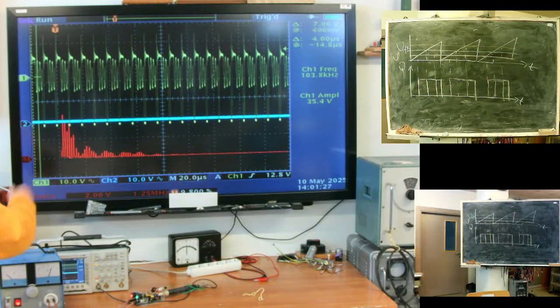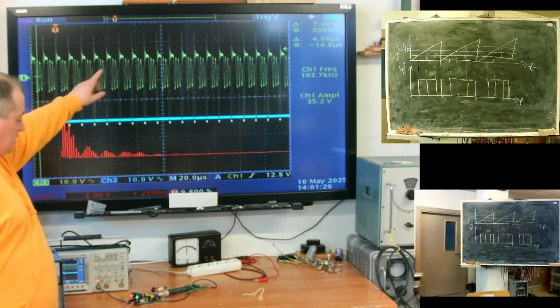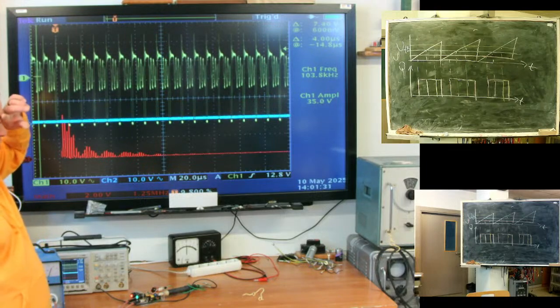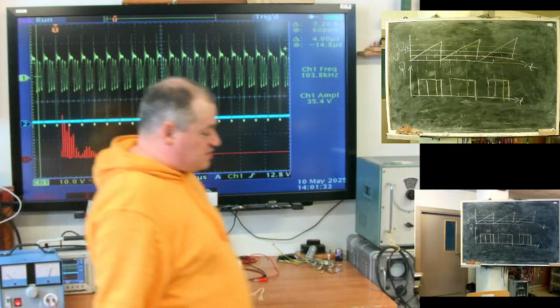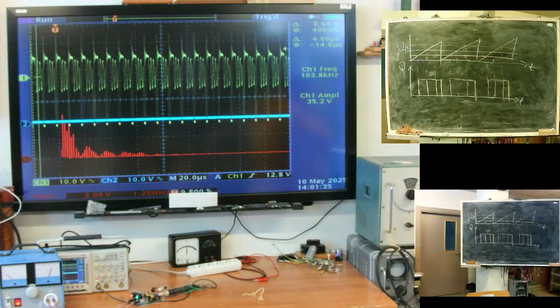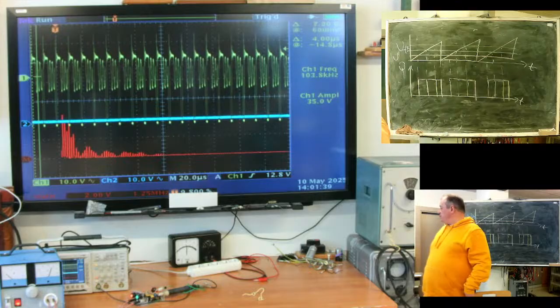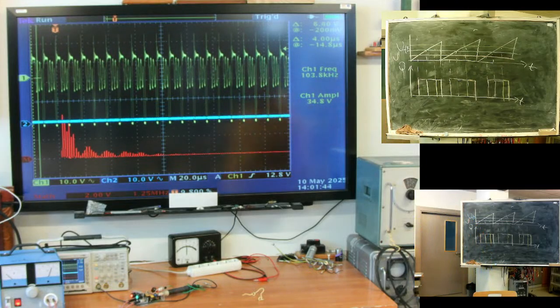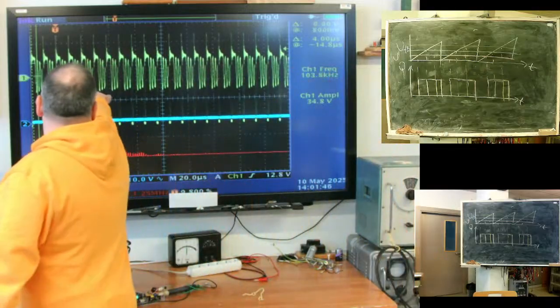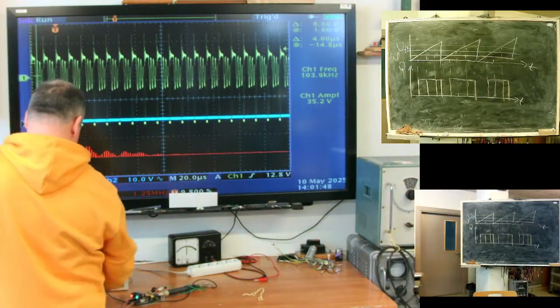This one near resonant, this design of power supply allows free oscillations of transformer primary winding.